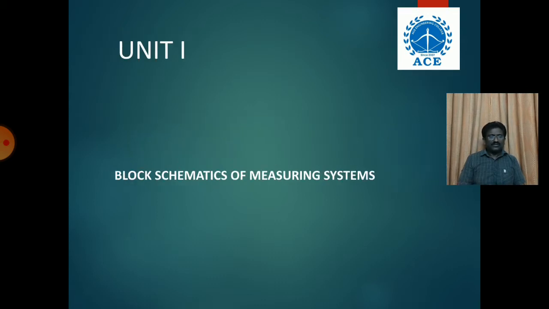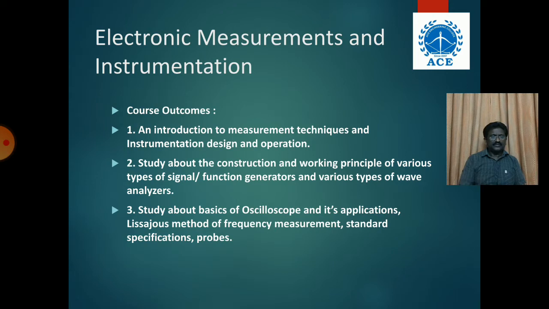Now I will give the course outcomes of the subject. Unit 1, an introduction to measurement techniques and instrumentation design and operation. Unit 2, study about the construction and working principle of various types of signal and function generators and various types of wave analyzers.